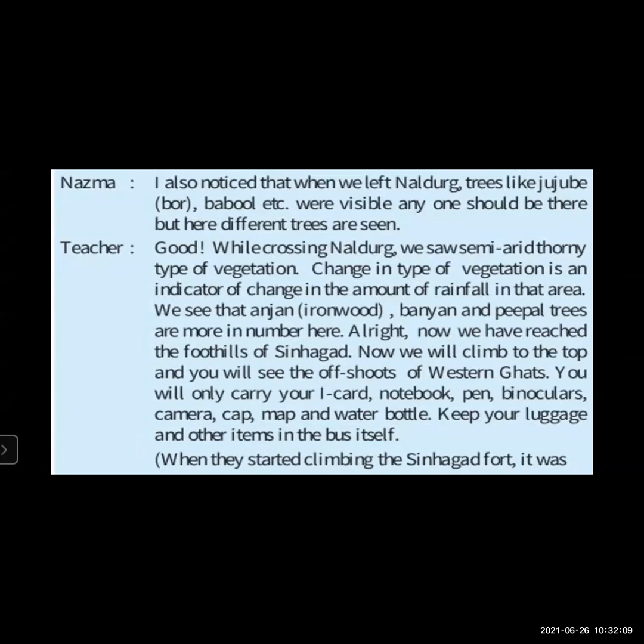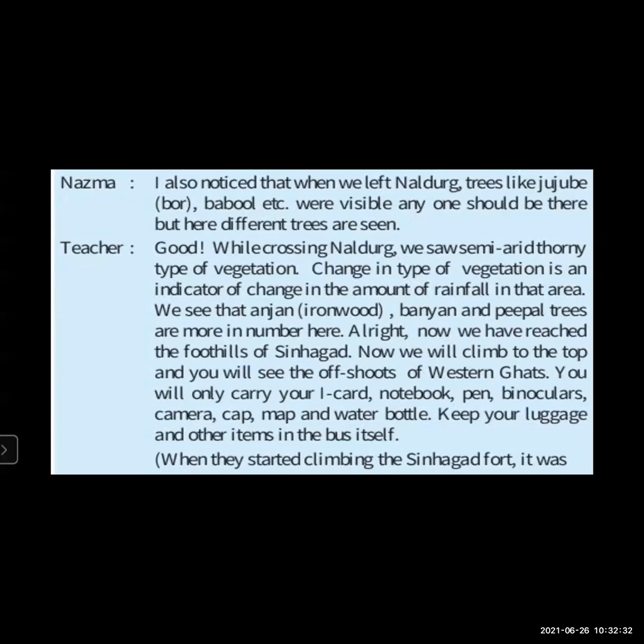While crossing Naldurg, we saw semi-arid thorny type of vegetation. As I told you, semi-arid thorny vegetation occurs where there is less rainfall. So this change in type of vegetation is an indicator of change in the amount of rainfall in that area. We see that anjan, that is ironwood, banyan and peepal trees are more in number here.